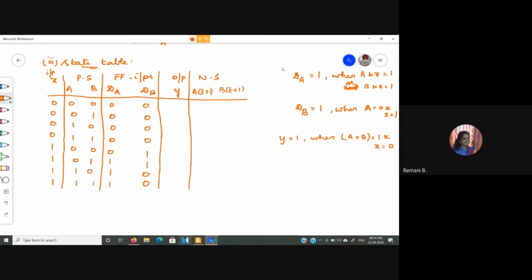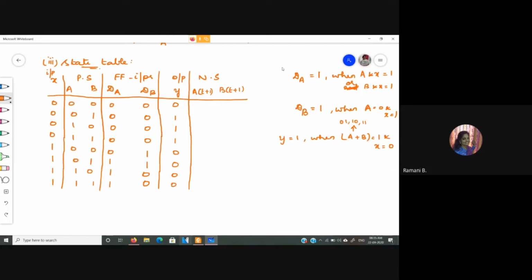A plus B will be 1 for the combinations 0, 1, 1, 0 and 1, 1. So in this place, you have a 1. Here you have a 1. And here also you have a 1. Other places, you have 0, because with this combination, the X value is equal to 1. So you don't have that one.